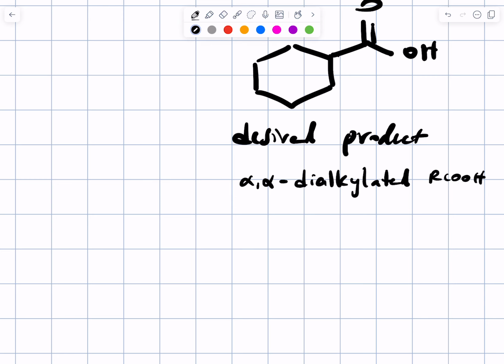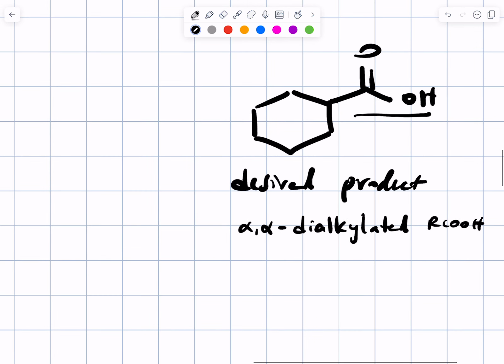How can I tell that? Well, it's a carboxylic acid. If you can't recognize the carboxylic acid, there's not a lot I can do for you at this stage, but please do come talk to me and we can work through it. That's a carboxylic acid. This is the alpha carbon, and there are 2 alkyl groups on it.